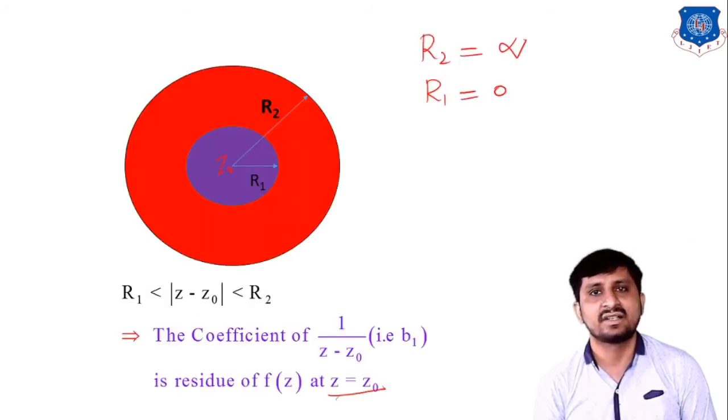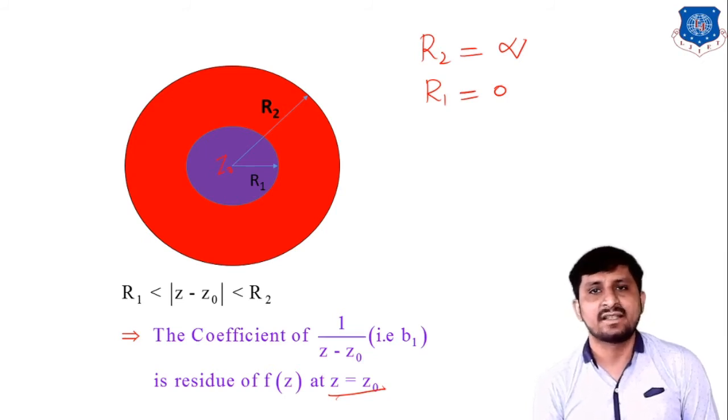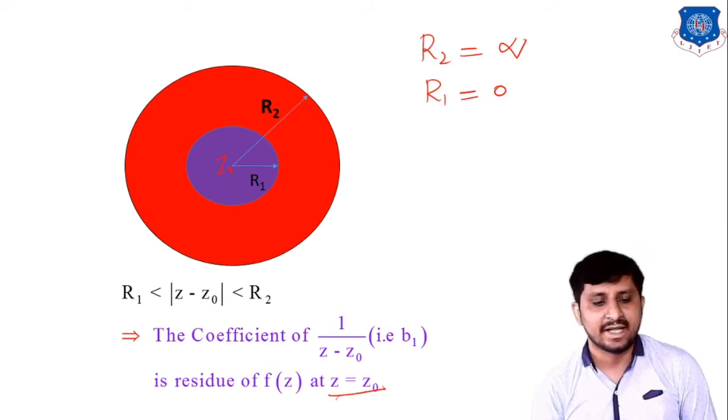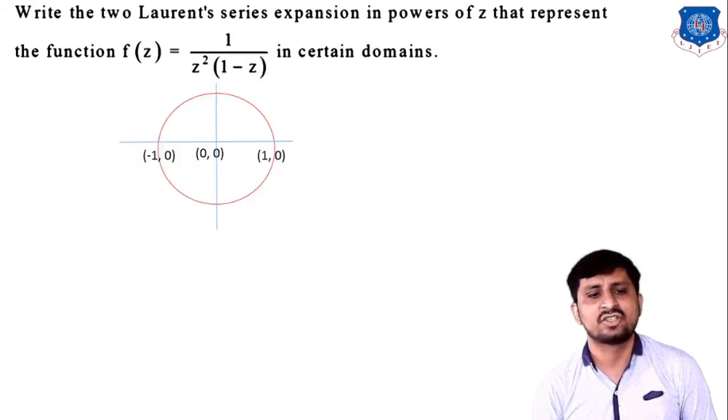That is actually our next topic after this Laurent series, but keep in mind this definition. That means if you express f of z in a Laurent series, then the coefficient of 1 upon z minus z0, that is b1, is exactly the residue of f of z at the point z0. And this is the residue.